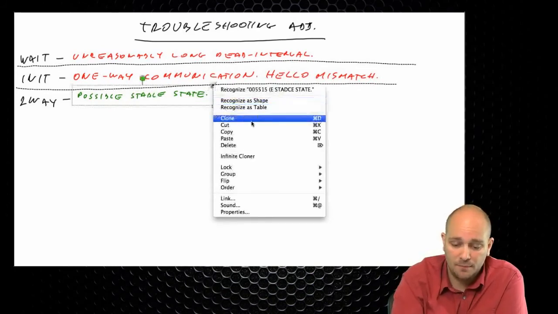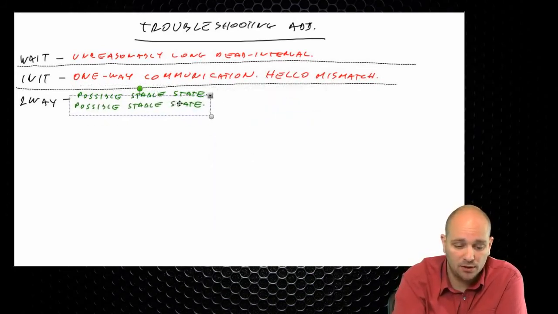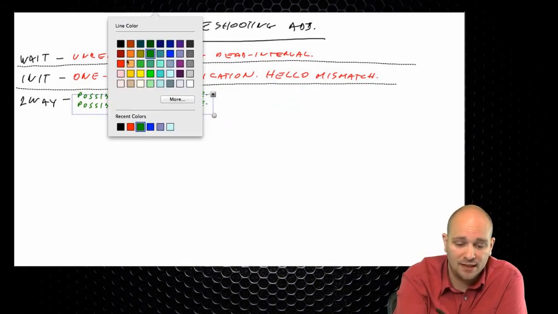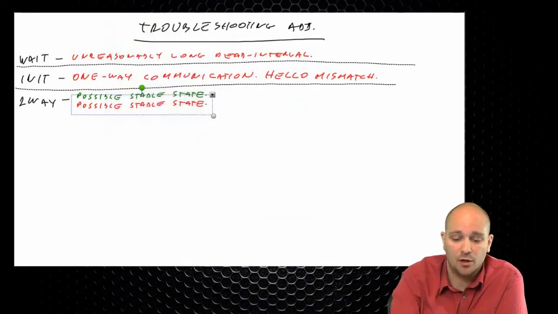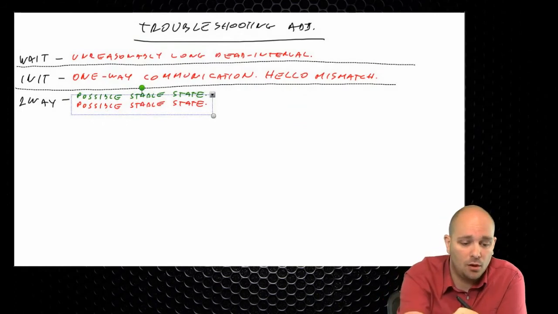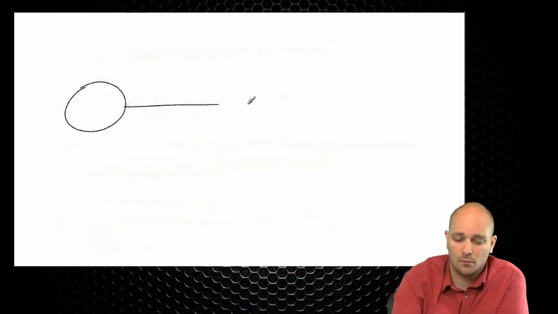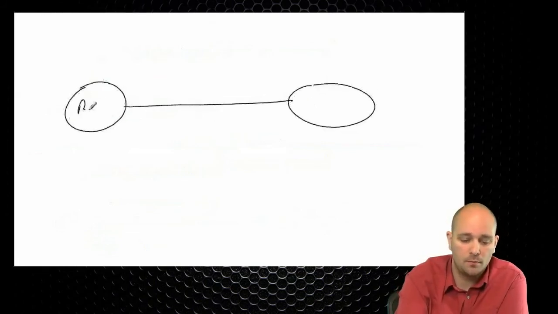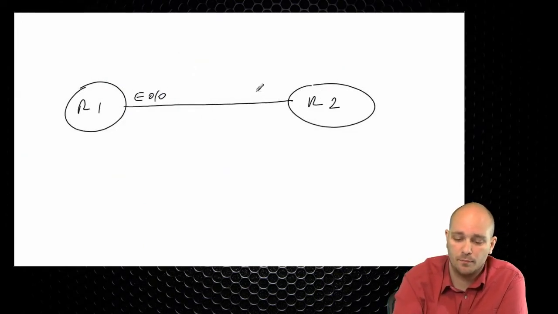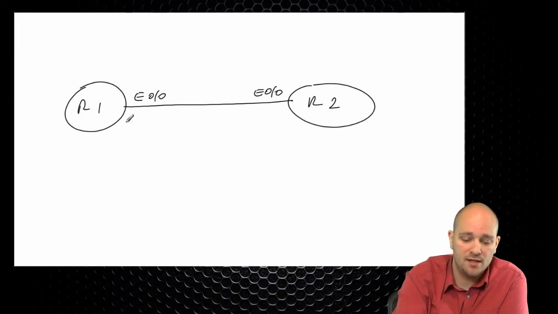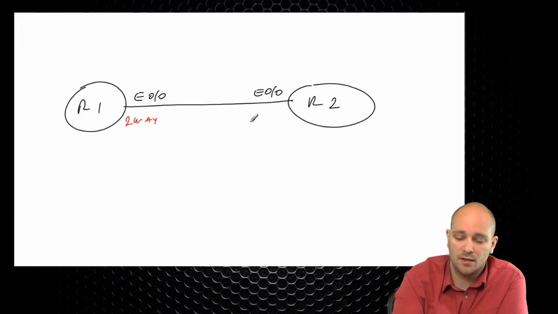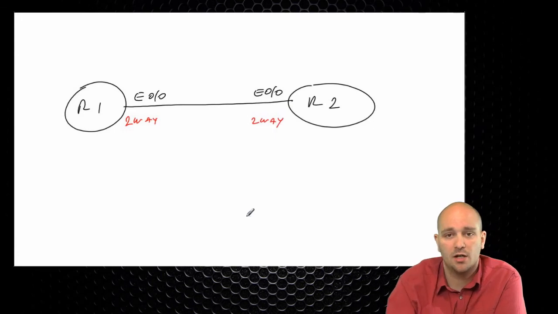But keep in mind that this is a possible stable state, which means this could also be an indicator of a problem. Now, let's say that you have two routers, R1 and R2, and let's say that this is Ethernet 0/0. And what we have here is that this is two-way and that this is two-way, and they are staying there.